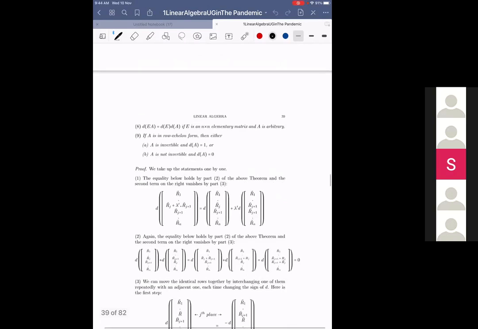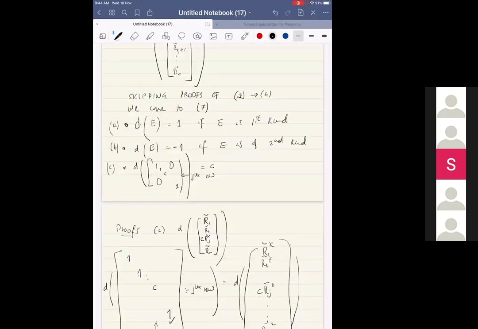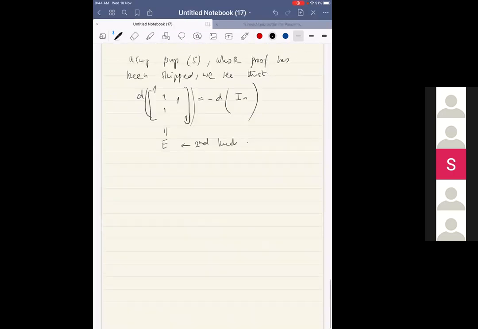So let me write it, okay? D of EA is D of E times D of A, if E is an elementary matrix and A is an arbitrary matrix.